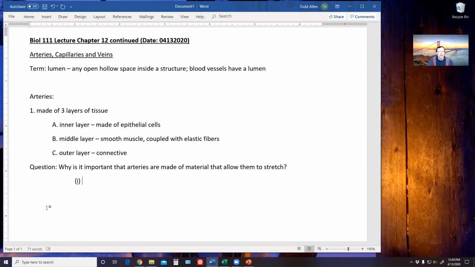All right, so that stretchiness of the artery allows the blood vessel to avoid any structural damage. Okay, similarly to how a tree can flex during a hurricane, the ability to stretch allows the artery to avoid damage.